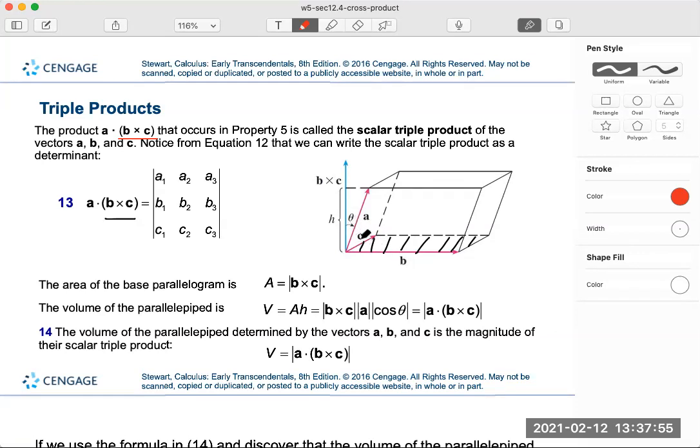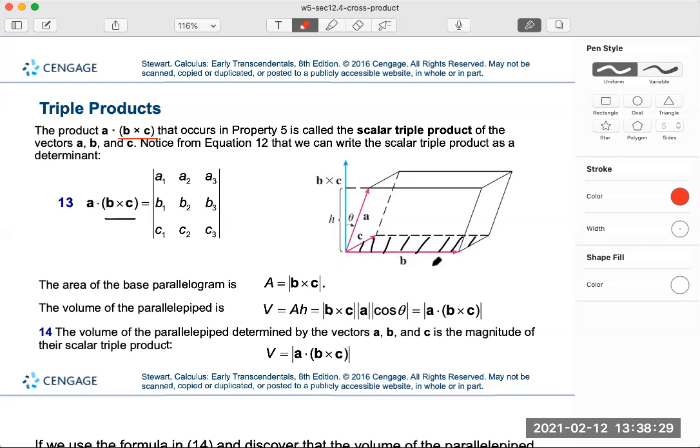Look at the vector A. So the vector A in the plane containing the vector A and vector B cross C here, the angle between them would be, suppose it is theta, right? So A, okay? And the magnitude of B cross C here will be H here, right? The height of this.